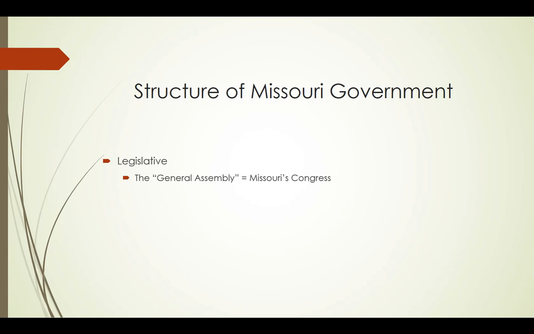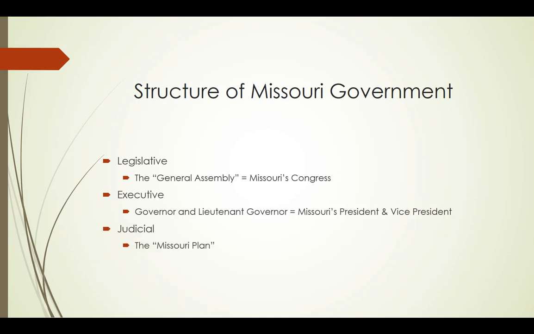The U.S. government has the executive branch. Matter of fact, that's what Chapter 10 and Chapter 11 to a certain extent are about. We have a president and vice president, but not in Missouri. In Missouri, we do have an executive branch, but the governor is basically Missouri's president, and the lieutenant governor is basically Missouri's vice president. And we'll also read in Chapter 12 about the judicial branch.